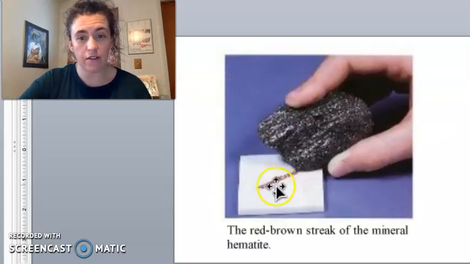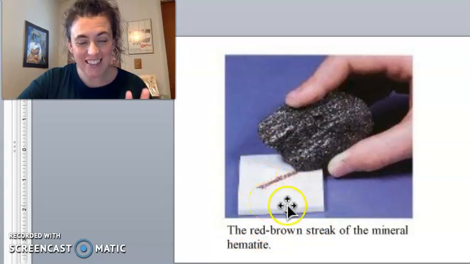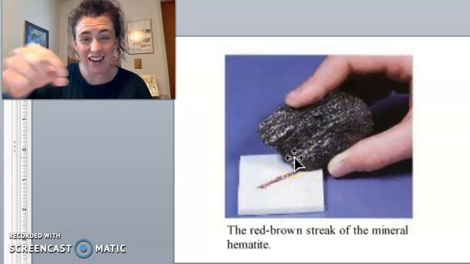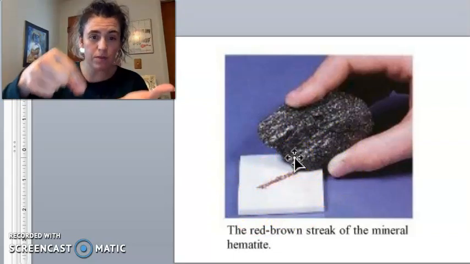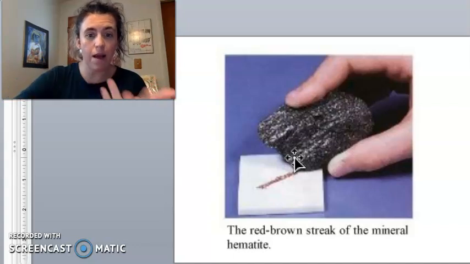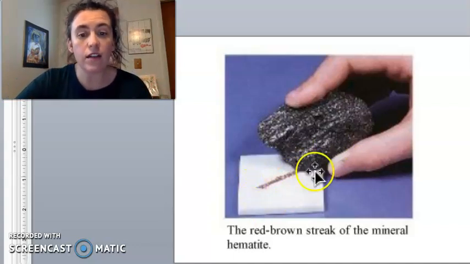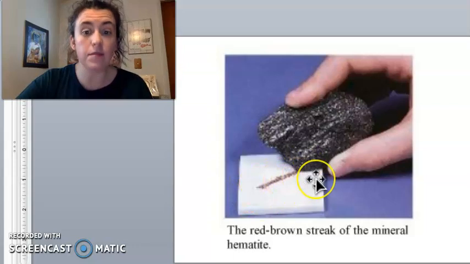And here's a picture of it. So here's that orange unglazed porcelain streak plate right here, and then you literally just take the mineral and you just streak it like that, and then you see, well, what color is the powder that comes off of it.